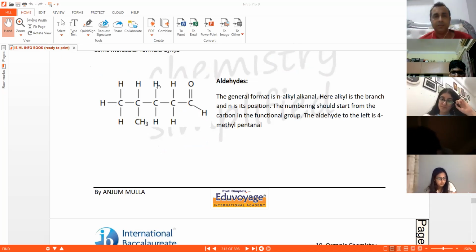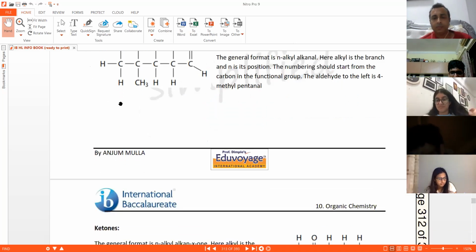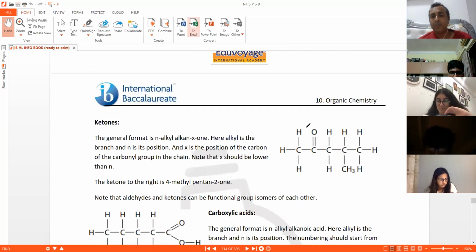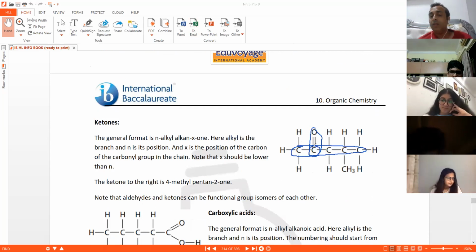In ketones, if this is my carbonyl, then I will take the entire carbon chain, including the carbonyl का carbon, and numbering will start from the end that is nearest to the carbonyl. So from here.